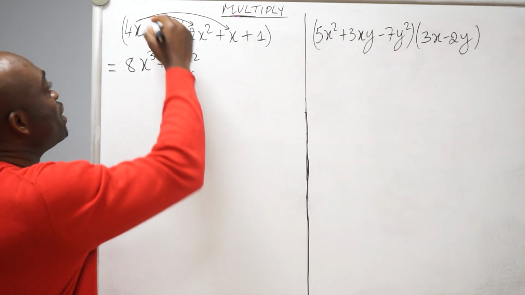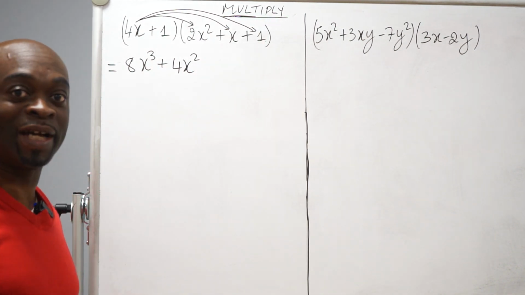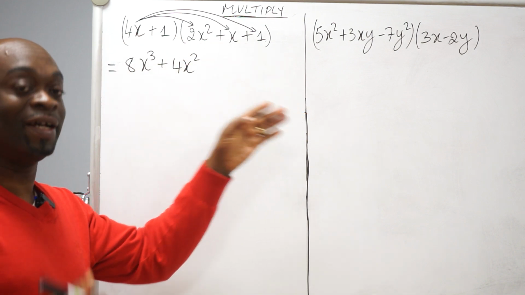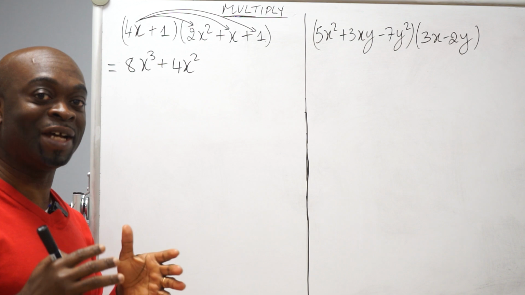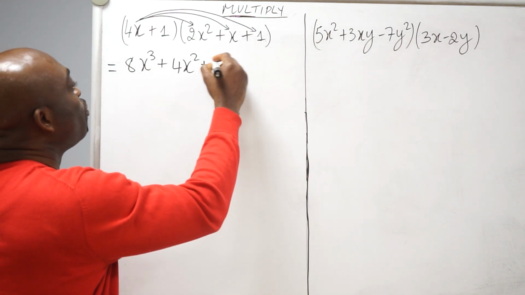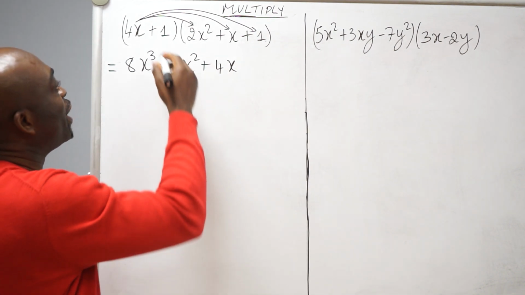We're not finished because 4x got to multiply everybody. So nobody has to be left behind, okay? So we have three terms here. So 4x got to multiply all three. And the same thing we're going to do with the 1. So 1 also will multiply all three. You get it now? Okay? So 4x times 1, which is 4x, all right? And then now we can have the 1.